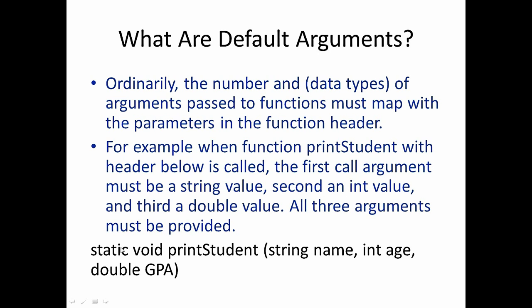So if I have a method like this, static void print student, the first parameter is name, which is string type. The second is age, which is int type. The third is GPA, which is double type. So when the method call is made, all three must be provided. We cannot skip any of those.